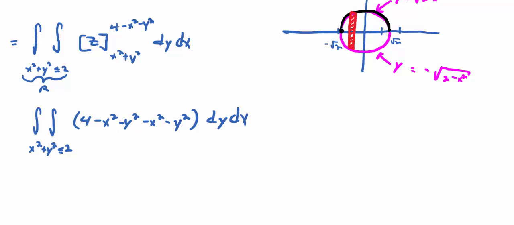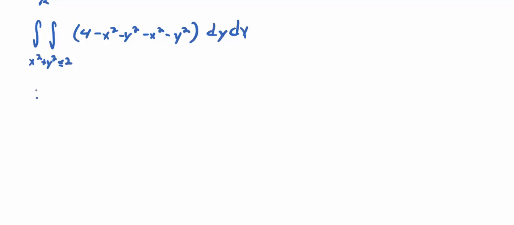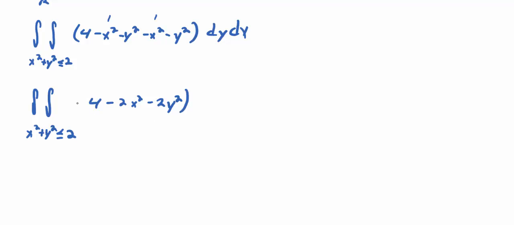And so what does that become? Double integral of what? 4 minus 2x squared, minus 2y squared. Everybody agree with that? Is that okay?